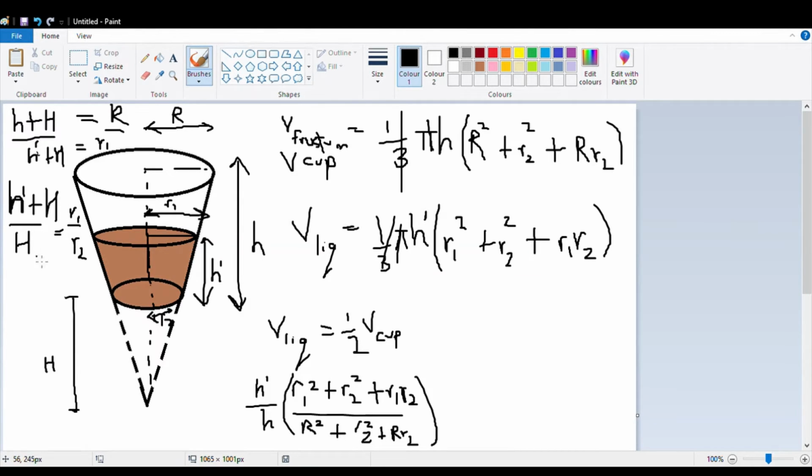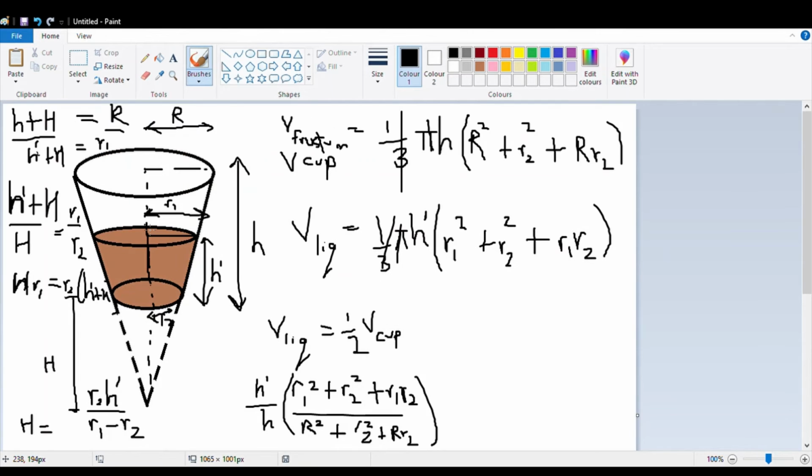We can say that h dash plus H is equal to R1 R2 by H. So capital H R1 is equal to R2 into h prime plus capital H. And here we get capital H is equal to R2 h prime divided by R1 minus R2.